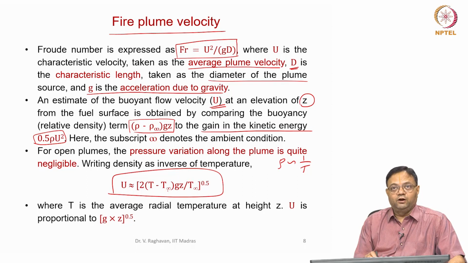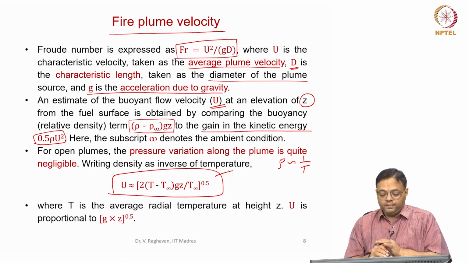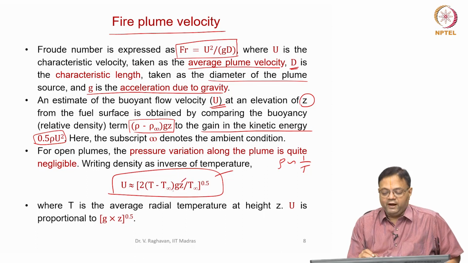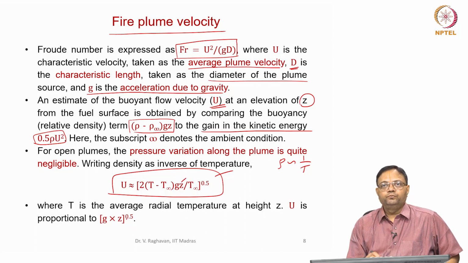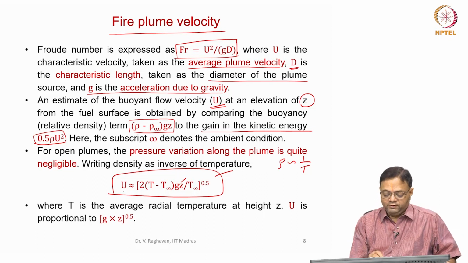T is higher than T naught, so this is a positive quantity. This is the typical expression for the average plume velocity at a particular height from the base of the fuel.